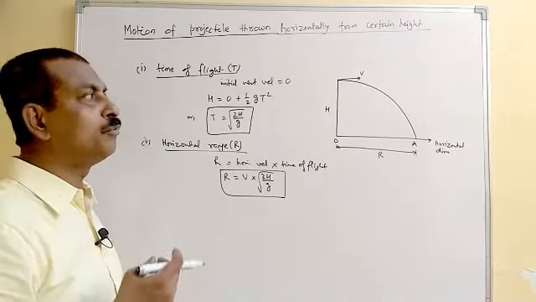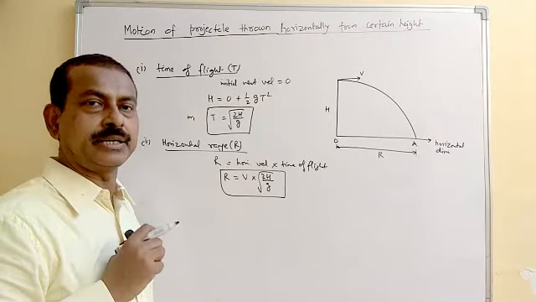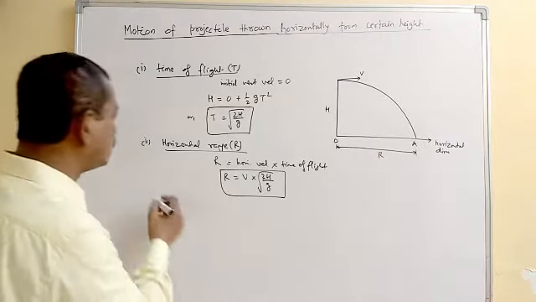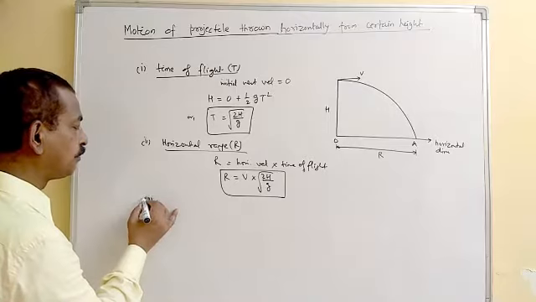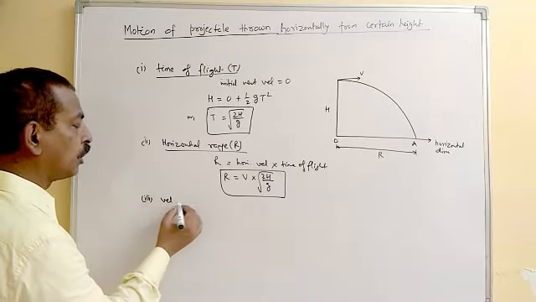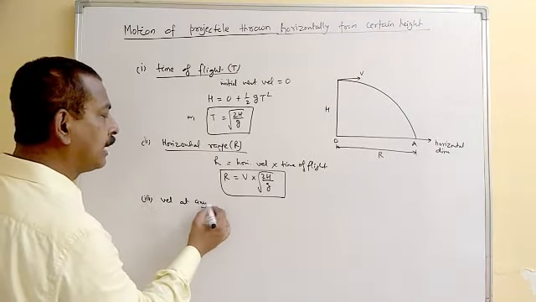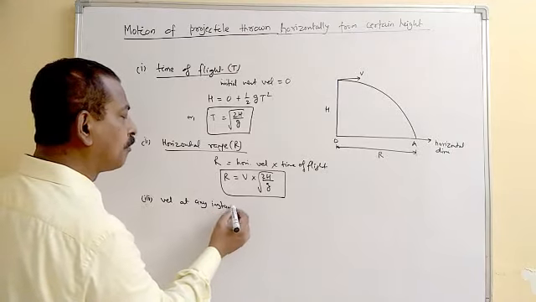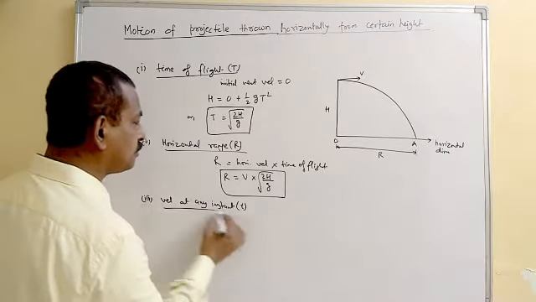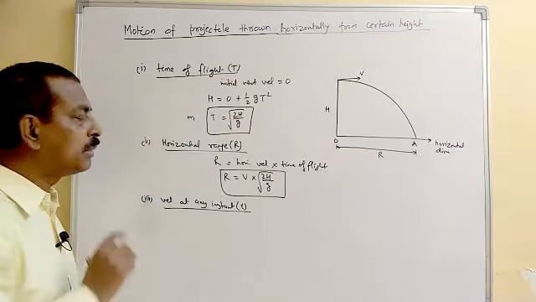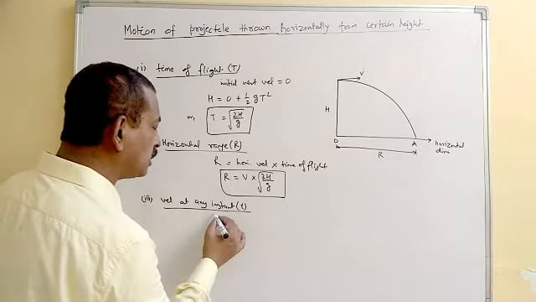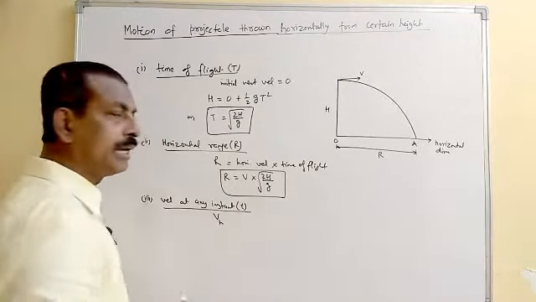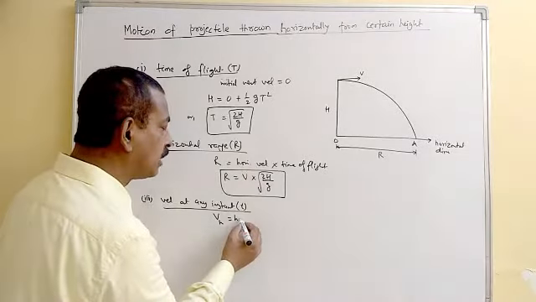Suppose you want to find the velocity at any instant, say t. Remember, it's the horizontal velocity. Suppose I represent it as vh, which is the horizontal velocity.